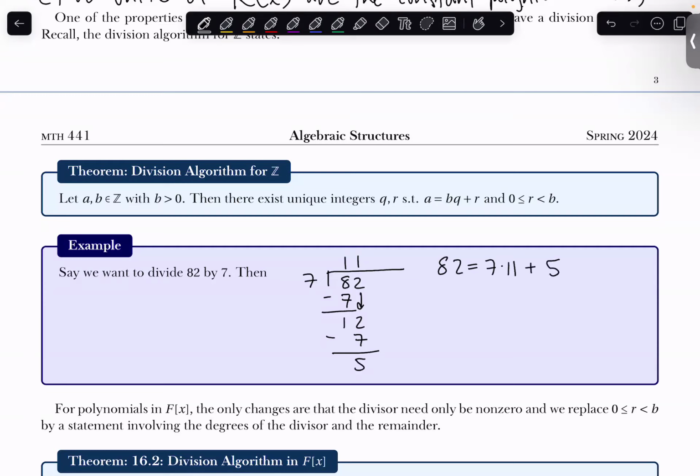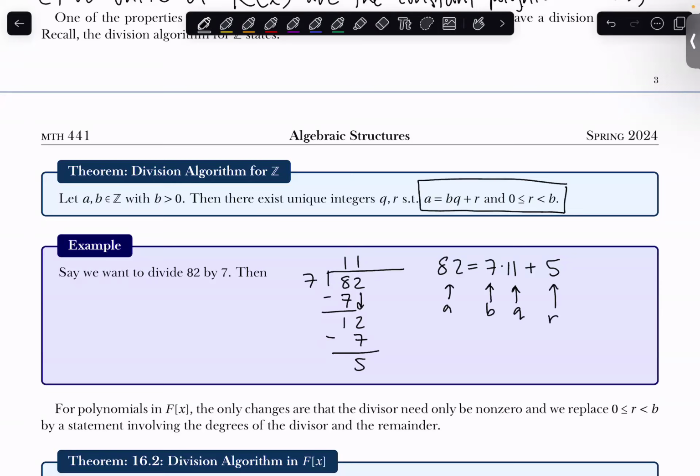So I could always think about how many multiples of 7 do I have in 82? It might not divide nicely, so I will have this remainder showing up, where the remainder could be somewhere between 0 and 7. So here from our division algorithm, 82 is my A, 7 is my B, that's the thing that I try to divide by. Q I can think of as my quotient, and R is going to be my remainder, which in this case is 5.